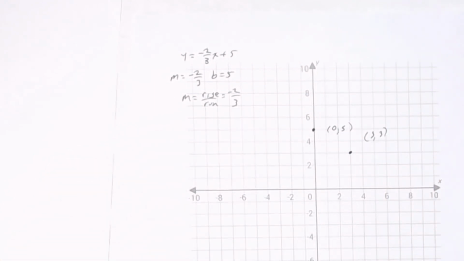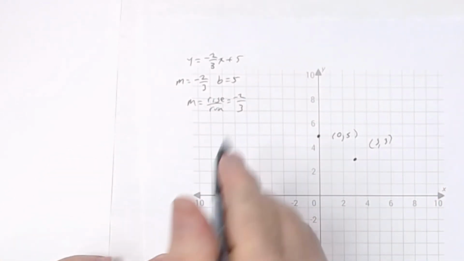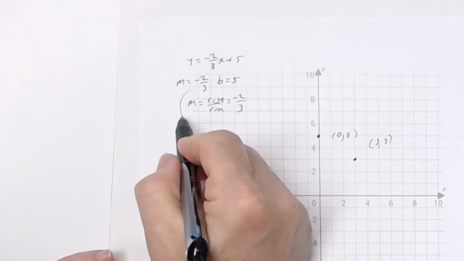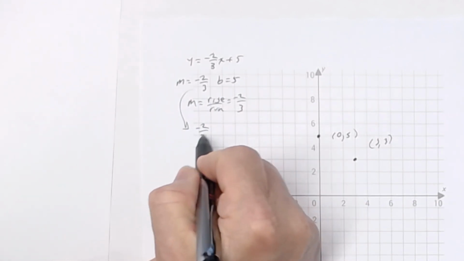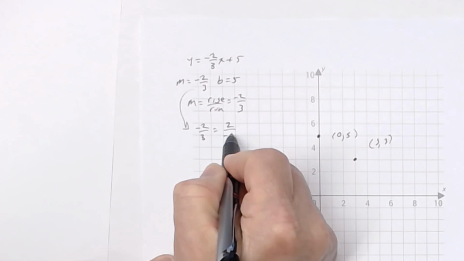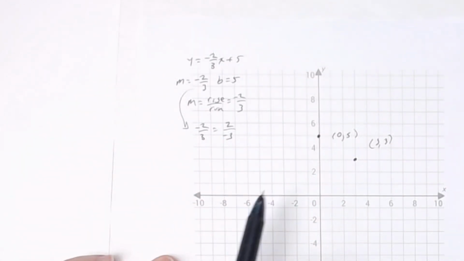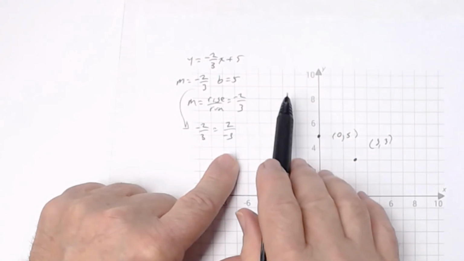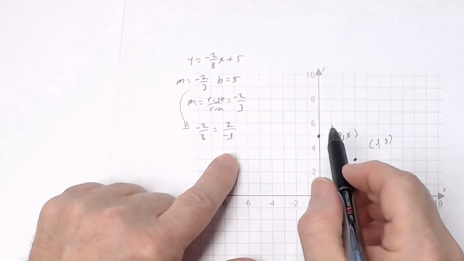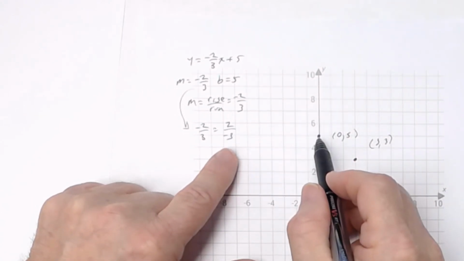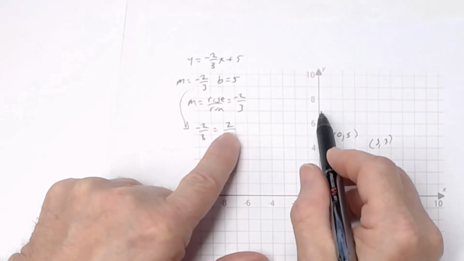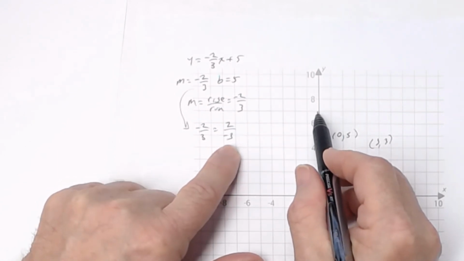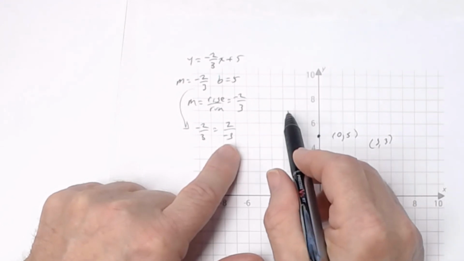And by the way, just to let you know, remember, negative 2/3 is the same as 2 divided by negative 3, right? Those are equivalent. So if I use this one instead, just to show you, you'll get a different point, but it'll all be on the same line. It'll be collinear. So from this point, I'm going to go up 2 this time, 1, 2, and then to the left 3 because my run is negative. 1, 2, 3.